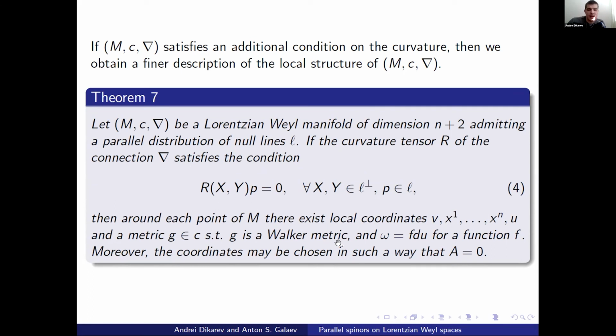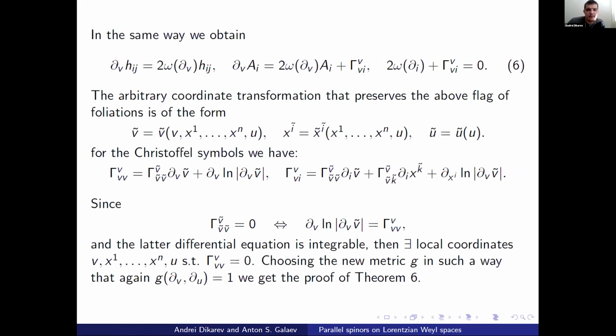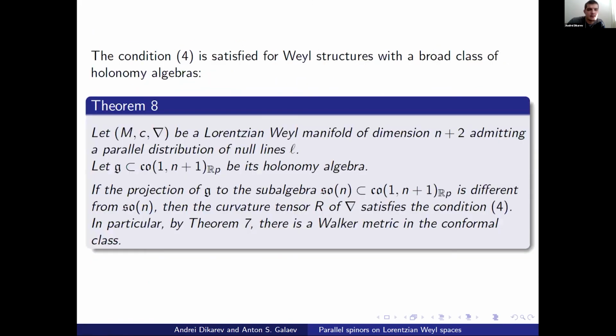So the one-form A does not depend on v. Moreover, we can choose the coordinates in such a way that A is equal to 0. I will skip the proof, which is not quite straightforward, but I don't have enough time for this.